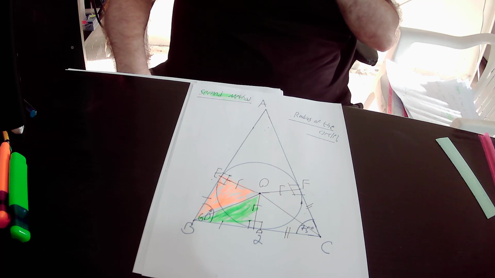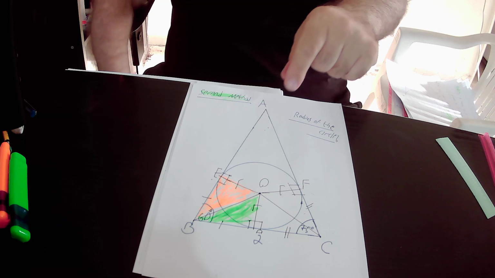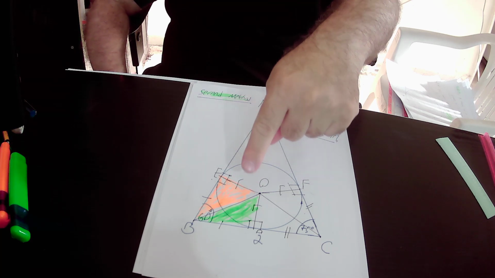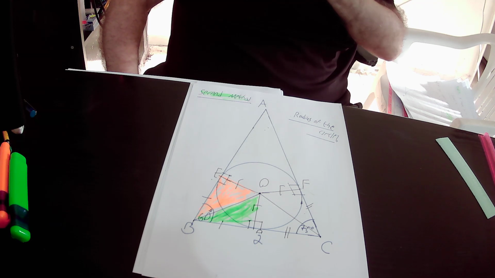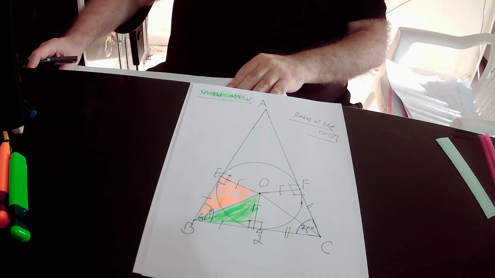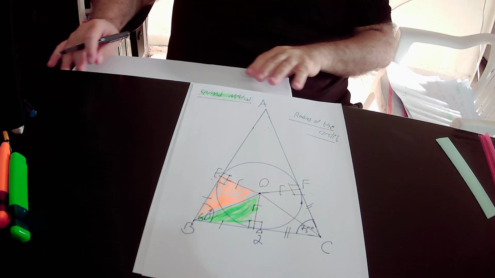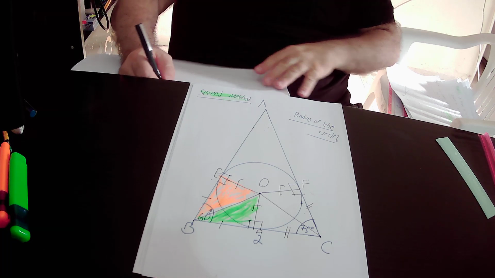So here we'll prove that the green triangle is congruent to the orange triangle. Okay, so why is the green triangle congruent to the orange triangle?